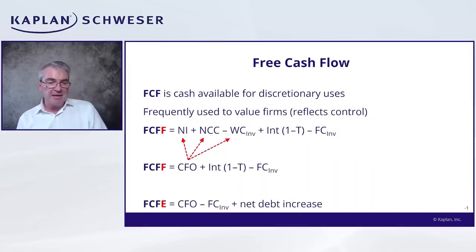So what we're going to do is take our CFO. No need to add back interest here because we want the cash flow available to distribute after payments to debt holders. So we just take CFO, we subtract fixed capital investment, but then we add the net debt increase, the change in balance sheet debt.